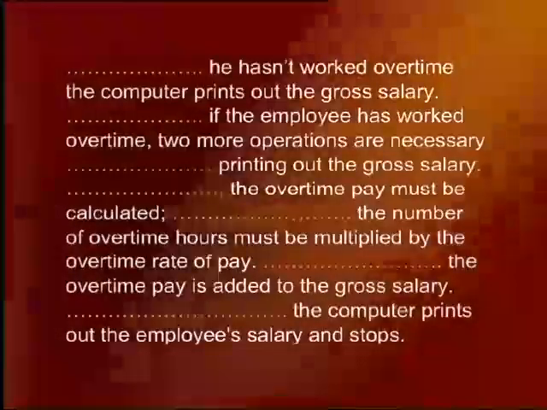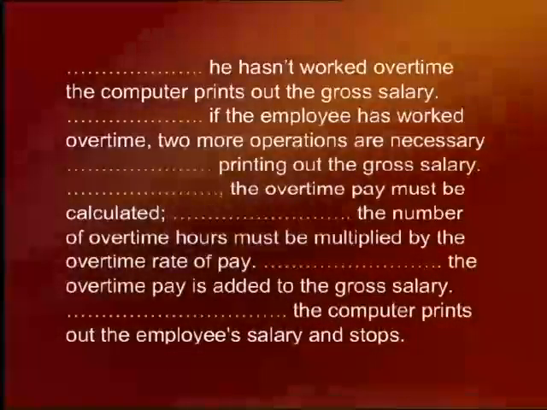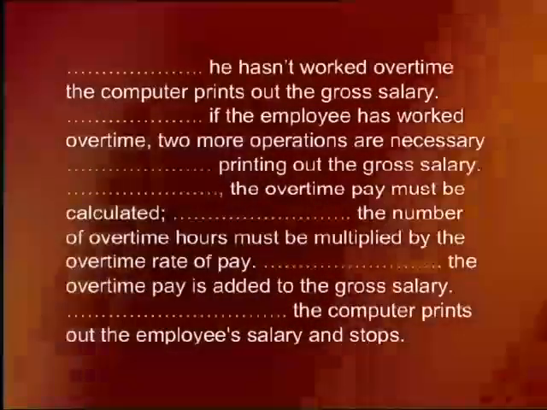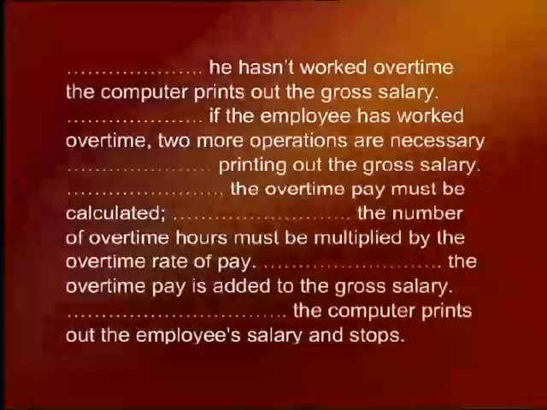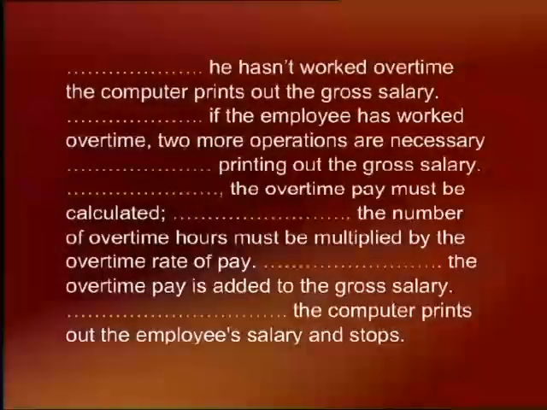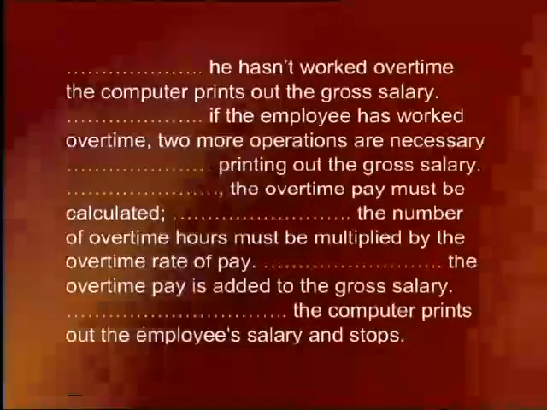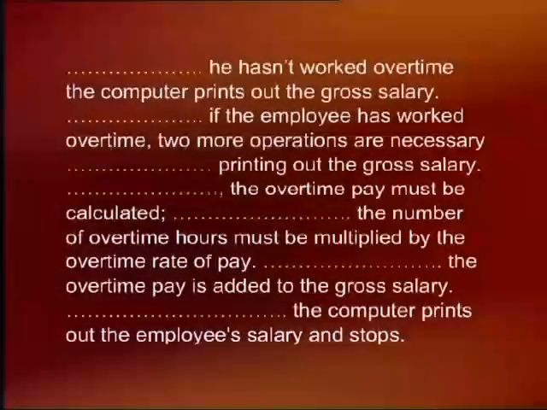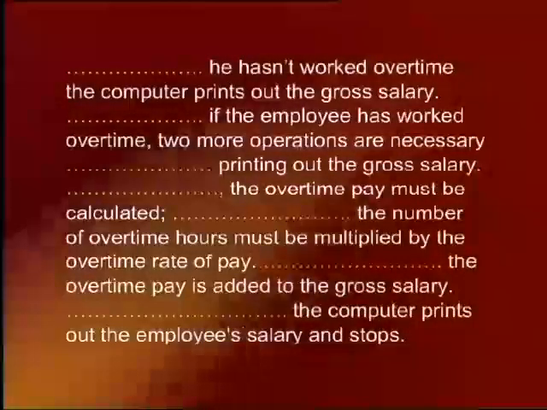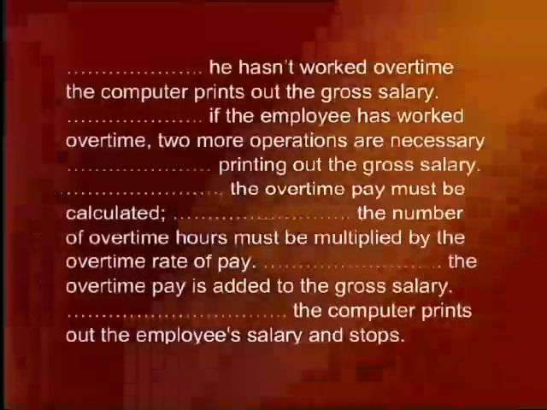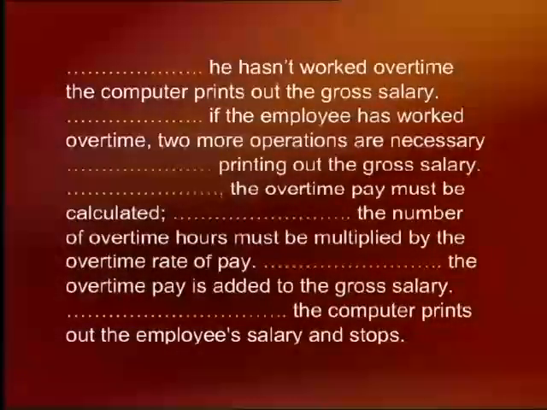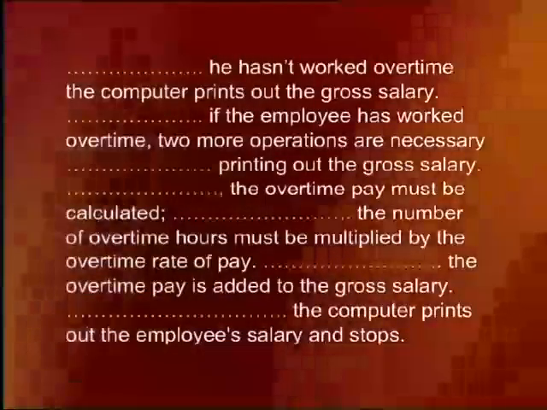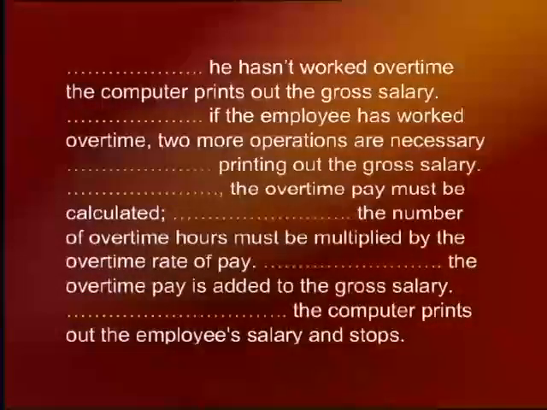And if you keep reading, you will notice that if the employee has worked overtime, now this is a contrast, so you will use the word "but." If he hasn't worked overtime, the computer prints out the gross salary, but if the employee has worked overtime, two more operations are necessary.